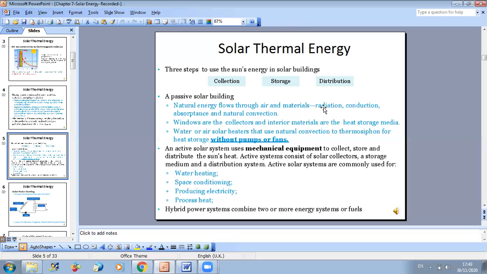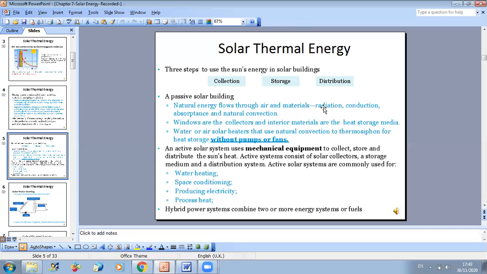I can put in a pump that circulates water, for example, to ensure that the circulation will not stop if I have a reduction of solar energy. It depends on the size of the system and the availability of solar energy to decide if I can use a completely passive system, or if I need an active system with mechanical equipment to be on the safe side when energy is not enough.